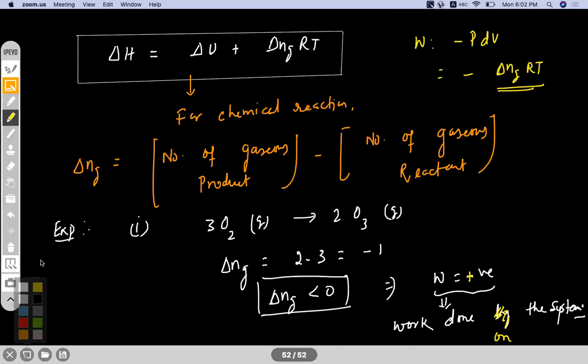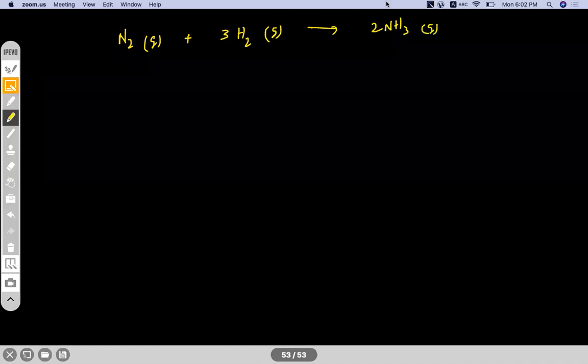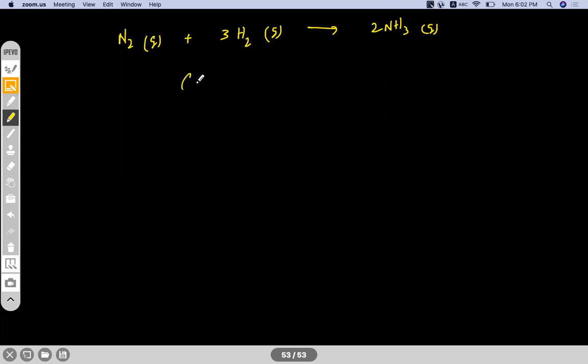Okay, next you see, if you have this reaction, N2 gas plus 3H2 gas gives 2NH3 gas. Or a reaction like this, CaCO3 solid gives CaO solid plus CO2 gas.